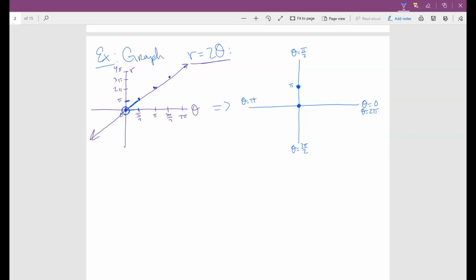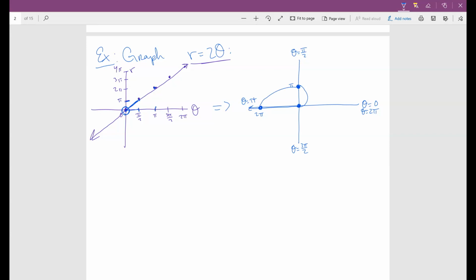It's going in a positive direction, so it's going to curve a little bit from there to there. Then I have to go to pi, and at pi, I'm at 2 pi. 2 pi is about 6 point something, so it's a little bit further away. In the pi direction, at theta equals pi, I'm going to get 2 pi. From here, I have to reach to the next one, so it's going to curve that way.